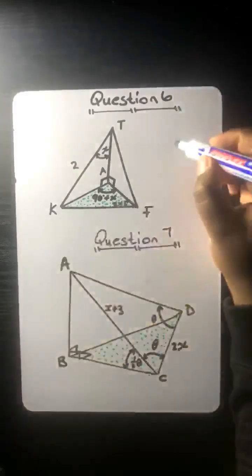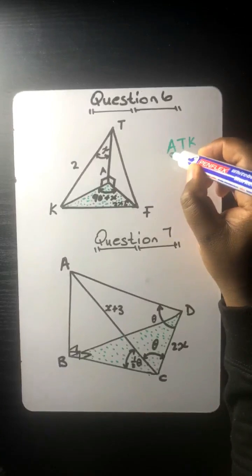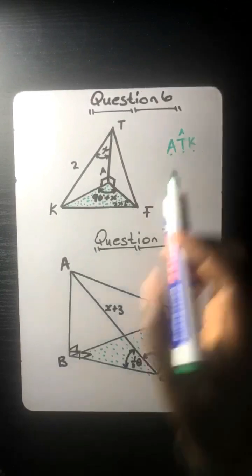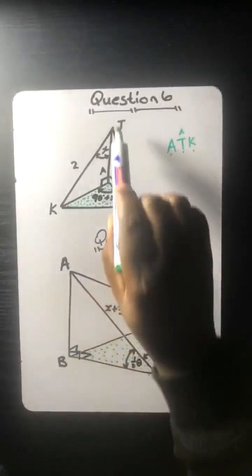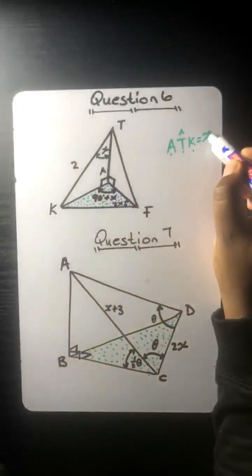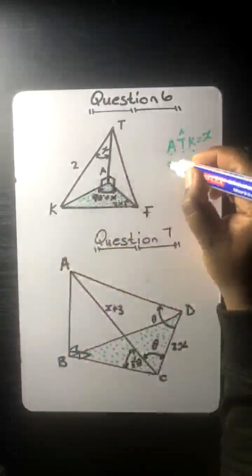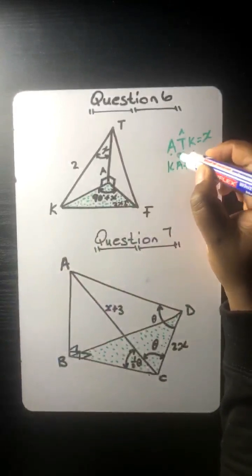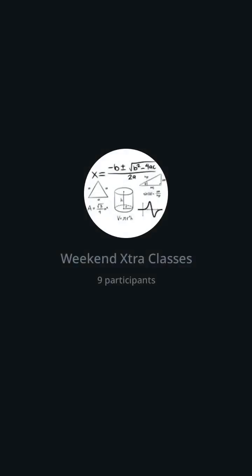Remember, guys, when something is written in this format, they are simply saying in triangle ATK, angle T is the one they are taking out. So let's see. In triangle ATK, there's AT, and there's TK. Oh, that T is the one which is x. Makes sense. Again, they say in triangle KAF, angle A equals 90 degrees plus x.